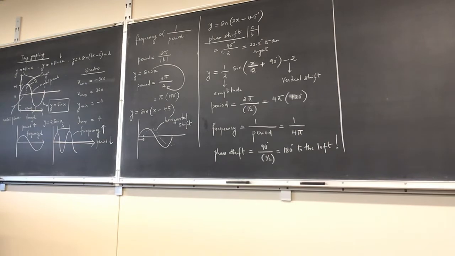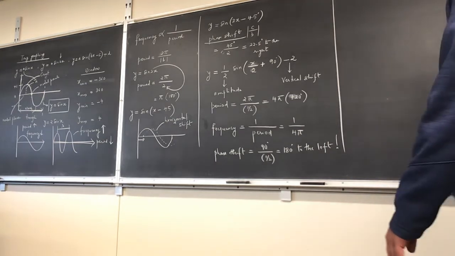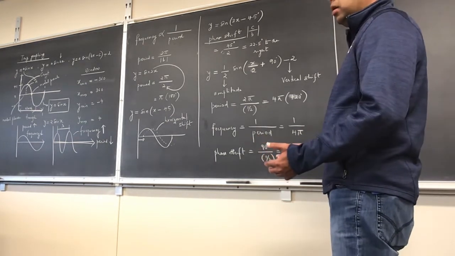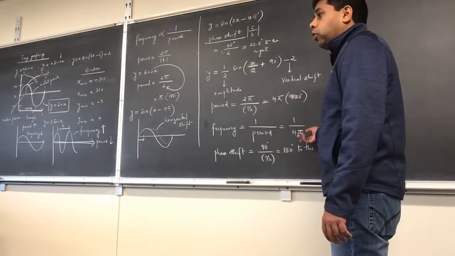Make sense? The only thing I included was a frequency. Frequency is the inverse of period. If period is 4 pi, frequency is 1 over 4 pi.